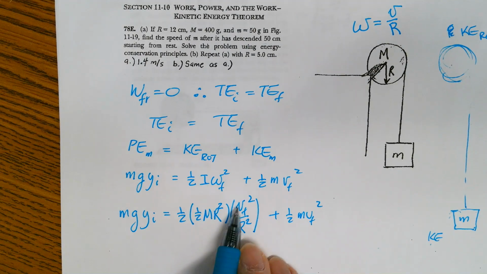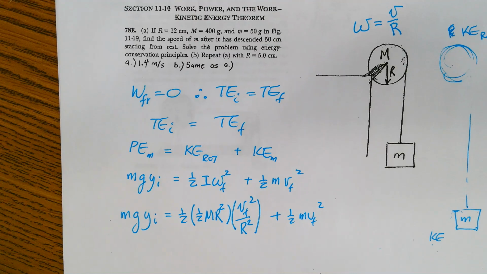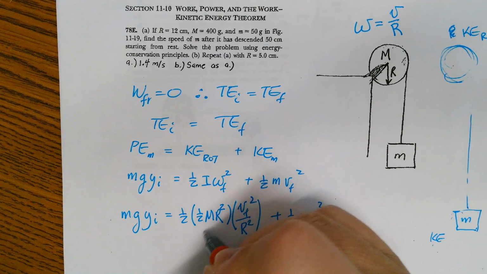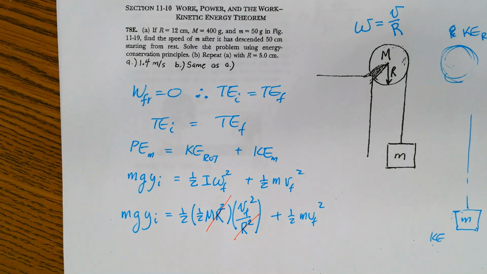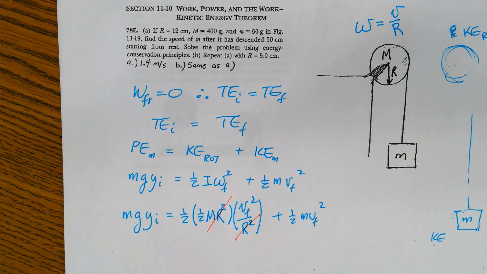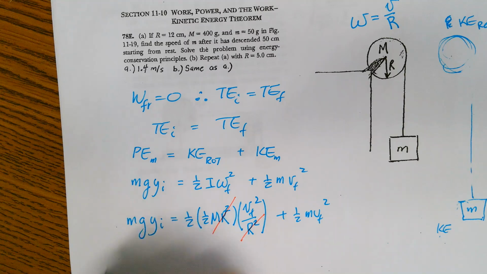Now this vf and this vf are the same because they're attached to one another. Now, notice how this r squared and this r squared can get canceled out. Don't cancel out the m's because they're not the same m's. So let's plug in some values.